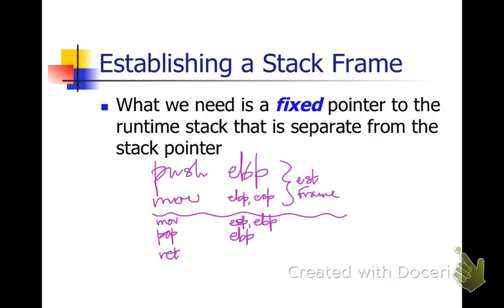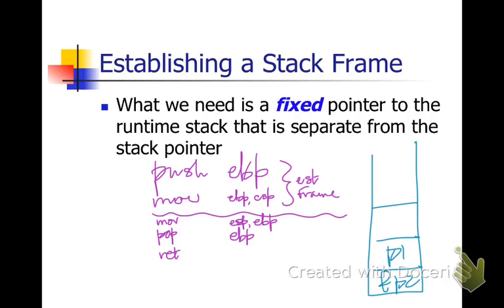So let me get a different color. Let's draw a stack. So we had P2, P1, return address, previous EBP. And we get down to here.